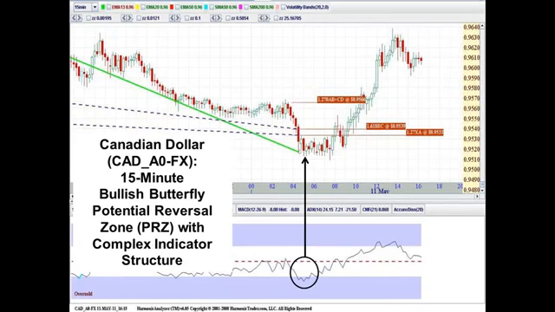It's important to note that the complex formation, that is, that W-type structure, entirely formed in the oversold area. In combination with the potential reversal zone, this type of analysis gives us the early validation required to identify profitable trades.